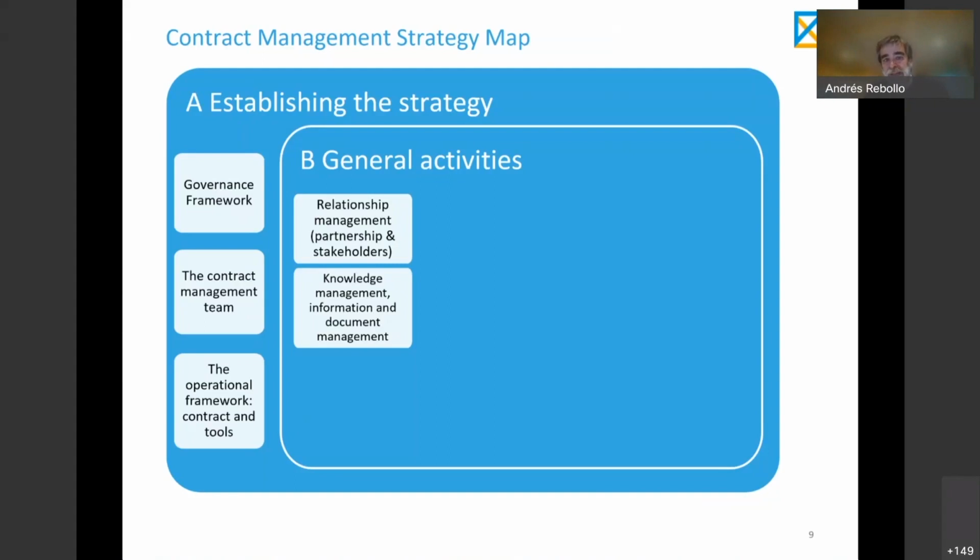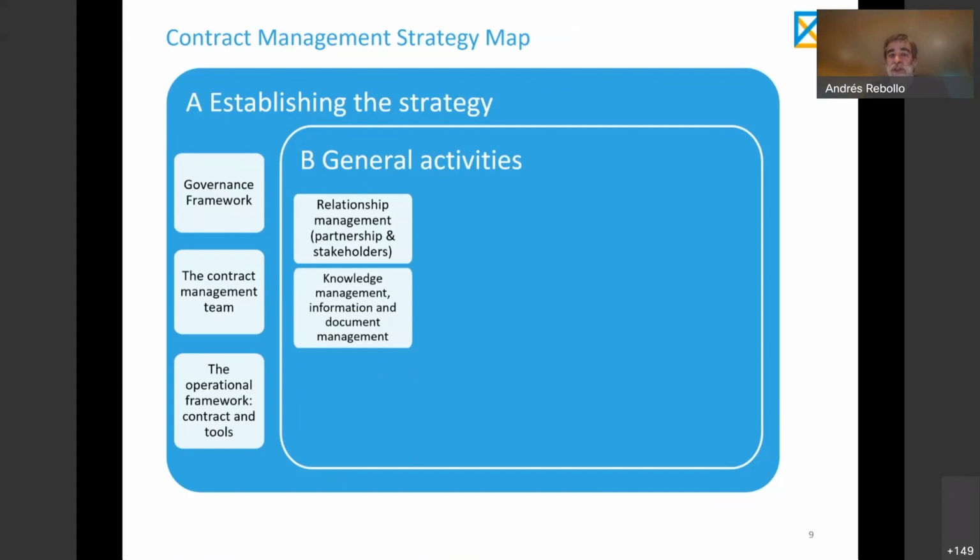So, knowledge management. We need to manage knowledge. We need to manage the team in terms of people coming in, being ready and being trained in knowing the project. We need tools like a contract manual. We will discuss this later on.